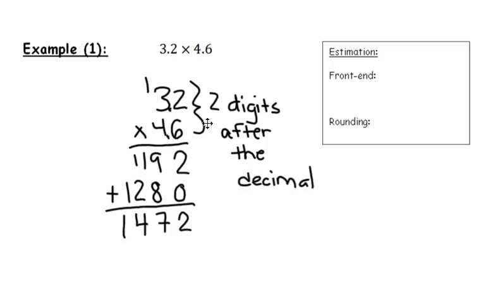So since there are 2 digits after the decimal in the question, you need 2 digits after the decimal in your answer. So by placing your decimal here, that gives you 2 digits after.